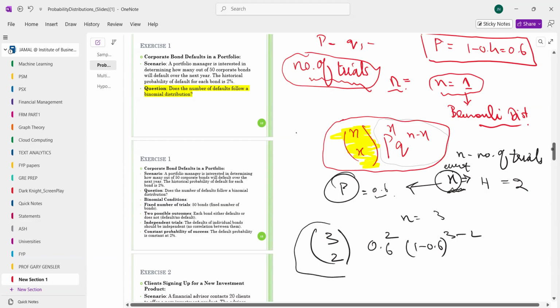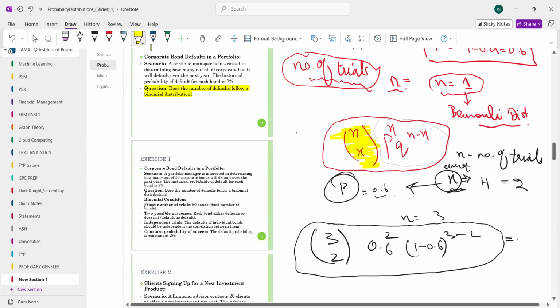So you can solve for the binomial distribution. Here you are going to get the probability that if you toss the coin 3 times, you get head 2 times out of 3 trials. So it will give you the probability of this event happening, right? I hope this makes sense.